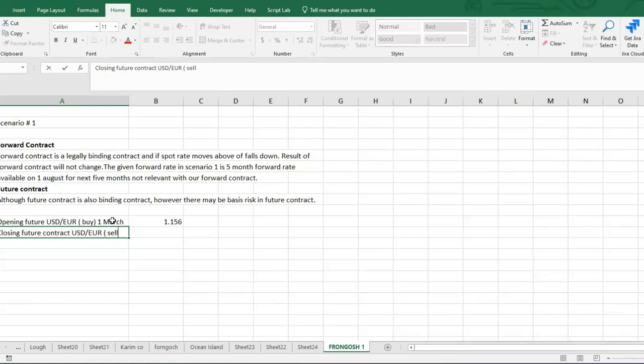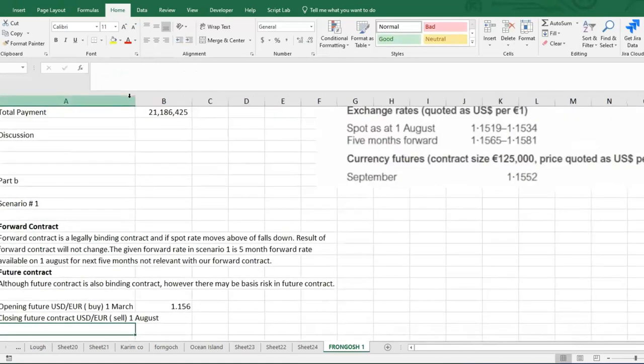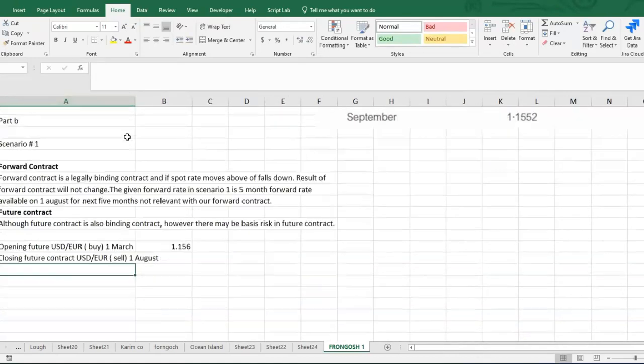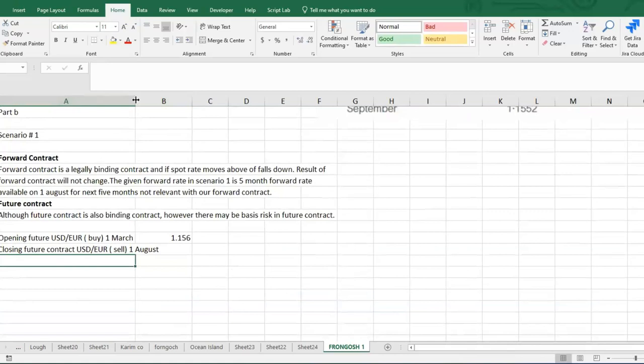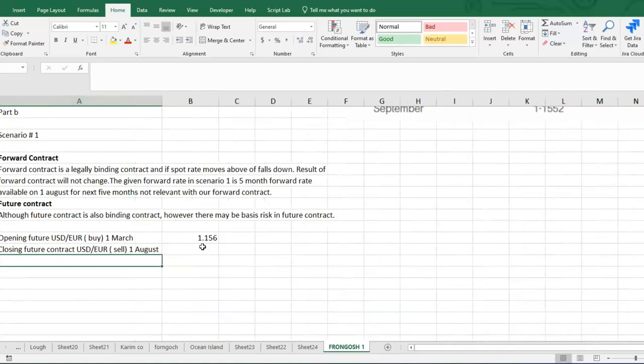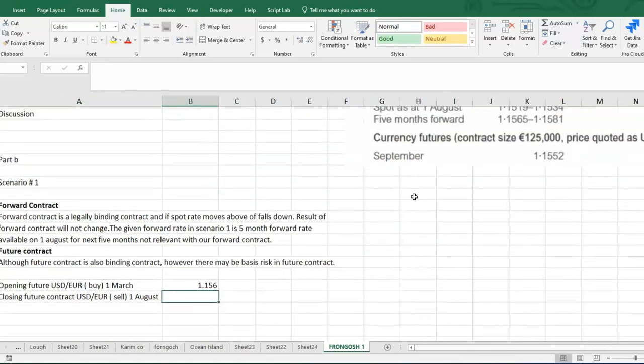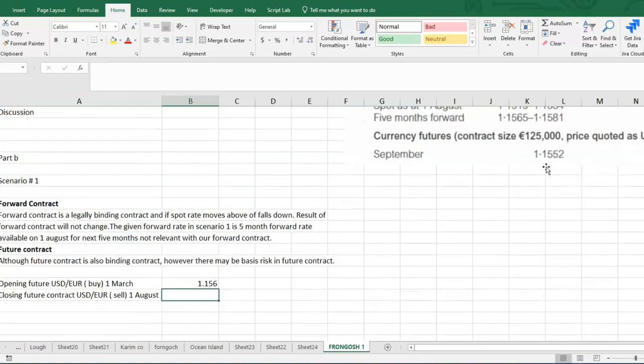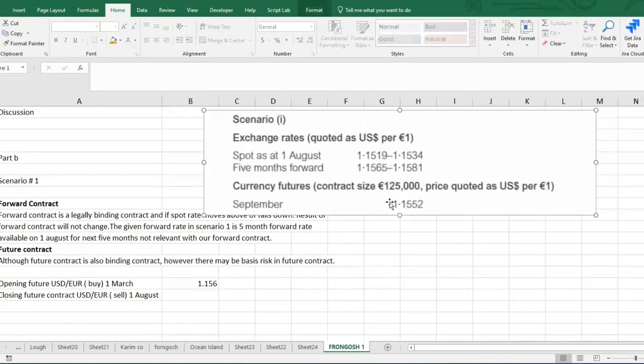This would be sell on 1st August. Okay, that rate is given 1.1552.